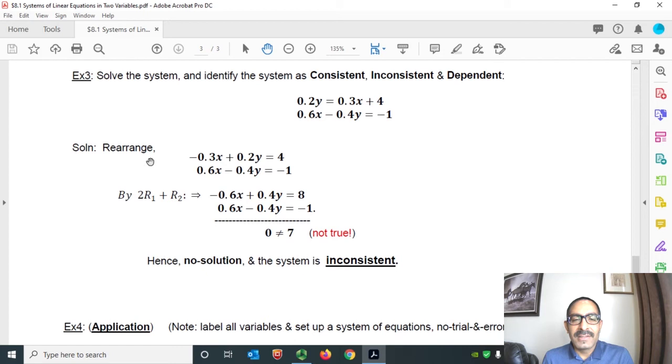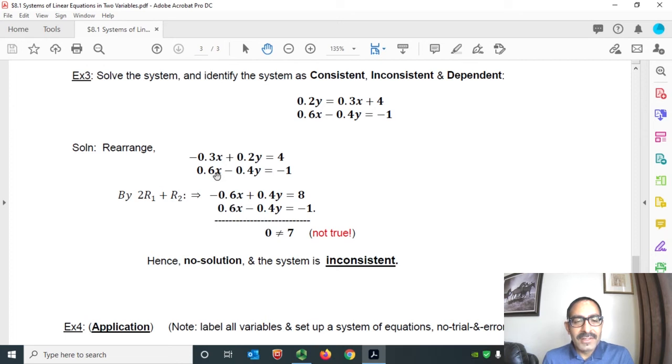Let's rearrange the equations here. Bring this 0.3x from the first equation to the left, then we can rewrite it as negative 0.3x plus 0.2y equals 4, and from the second equation just copy down 0.6x minus 0.4y equals minus 1.